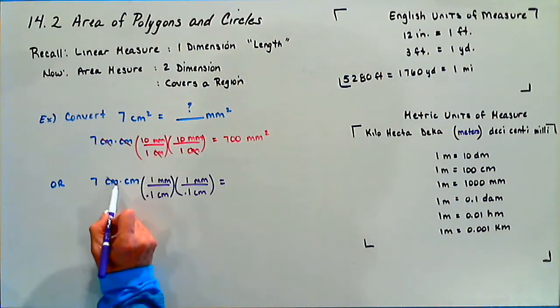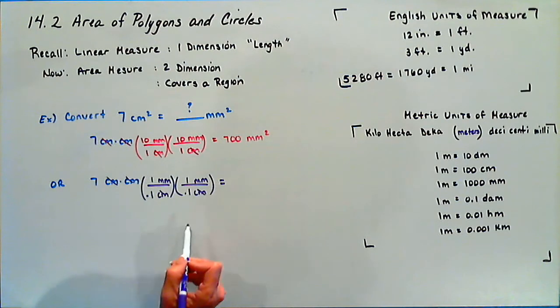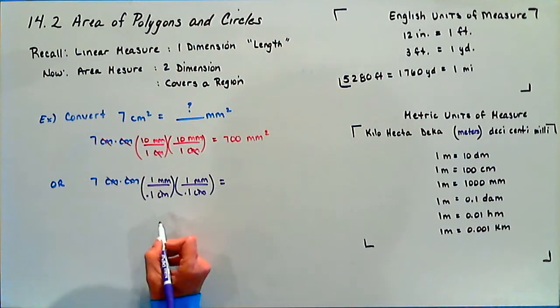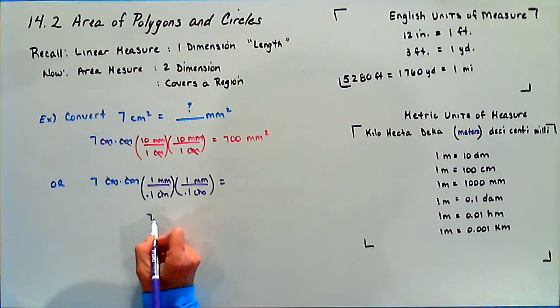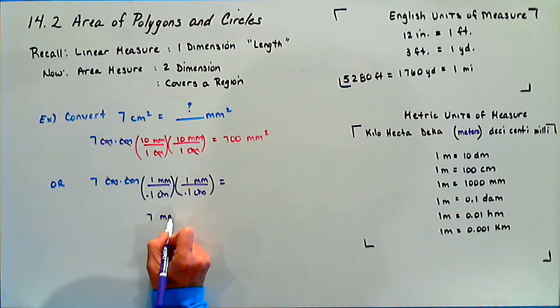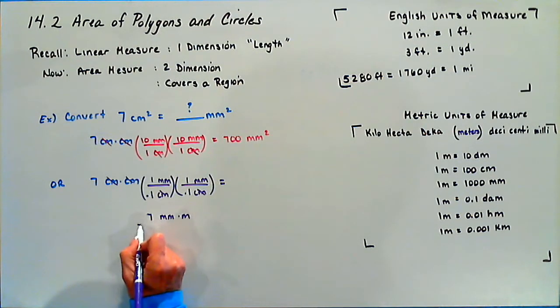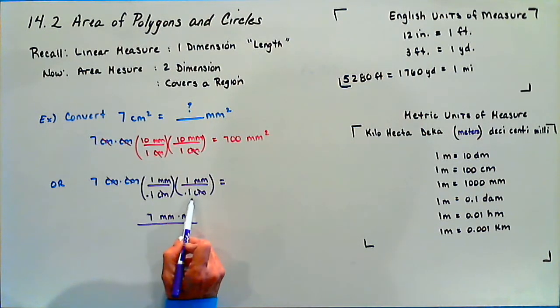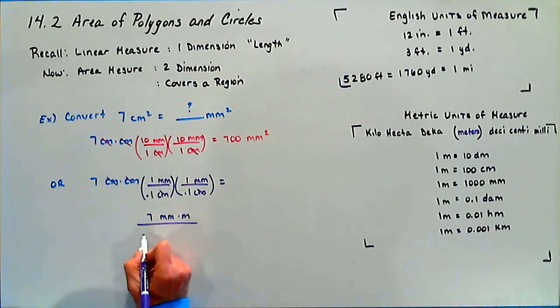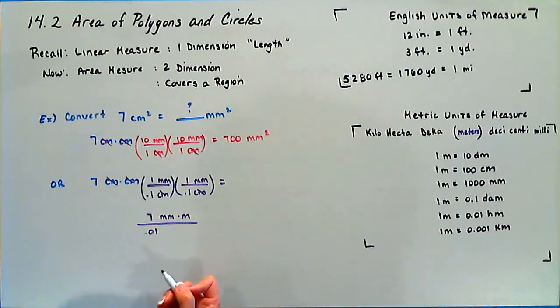So now when I reduce, I am literally left with 7 millimeter times millimeter. 1/10 times 1/10 is 1/100th. Or, for those that are doing this by hand, 1/100th.